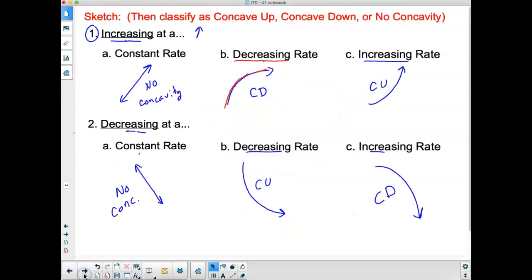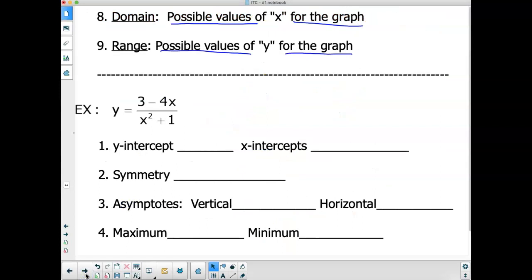However, when you are specifying domain and range, you must use parentheses and or brackets correctly, okay? You have to use those correctly here.